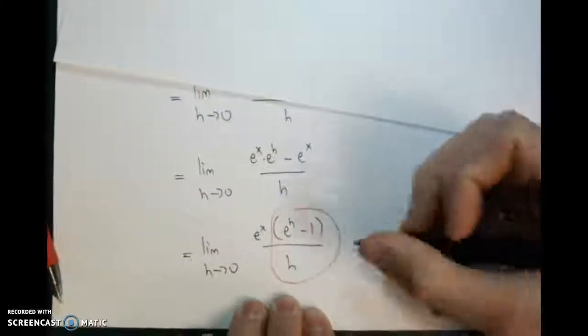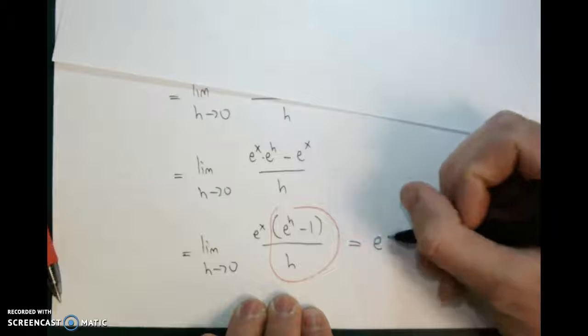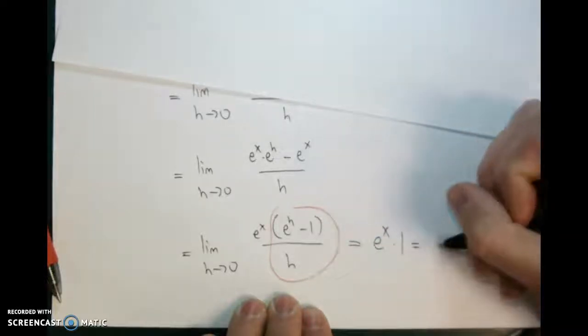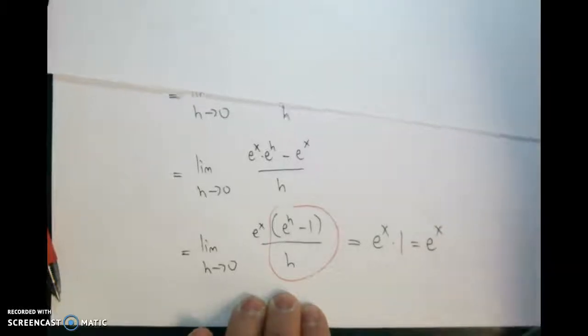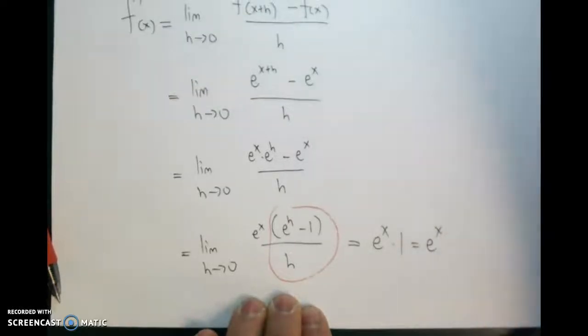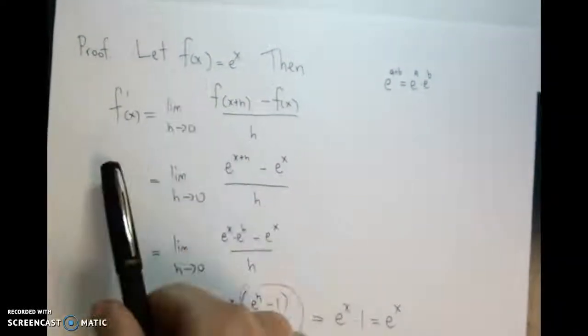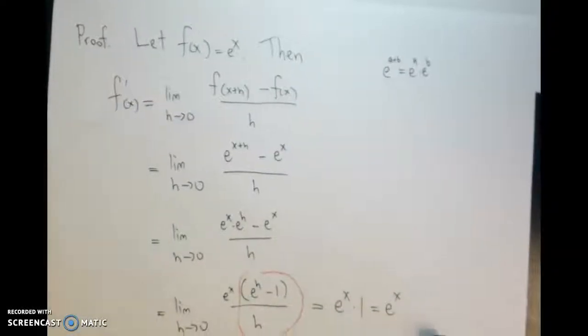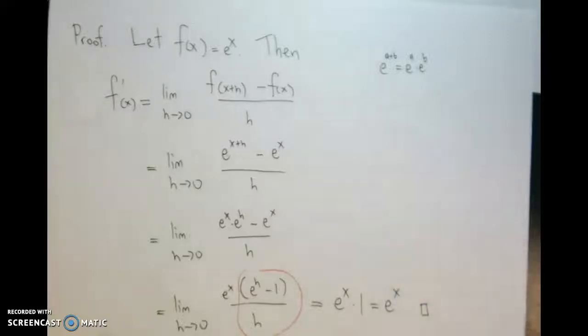That means this whole thing is getting closer and closer to just the piece that's left over. It's going to look like e to the x times 1, in other words, just e to the x. So what we've shown is that if we take the function f of x equals e to the x, then f prime of x also equals e to the x. So we've proven the theorem. This is the end of the proof. I'll make a little box because that's the end of the proof.